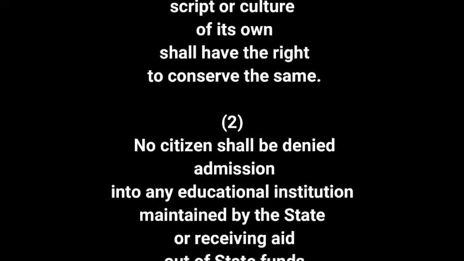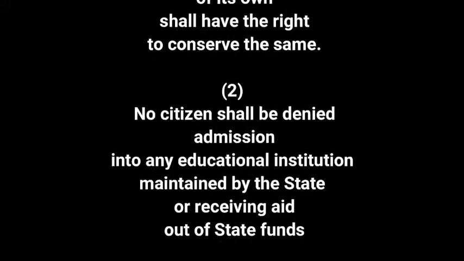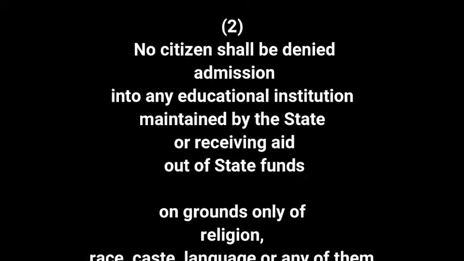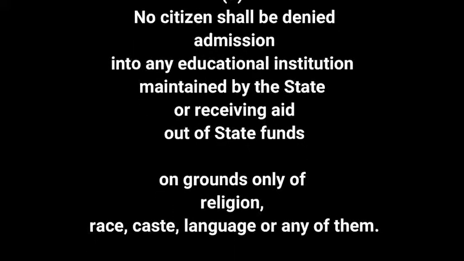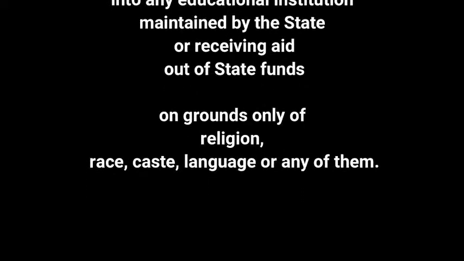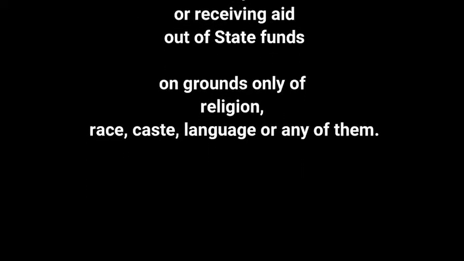No citizen shall be denied admission into any educational institution maintained by the state, or receiving aid out of state funds, on grounds only of religion, race, caste, language, or any of them.